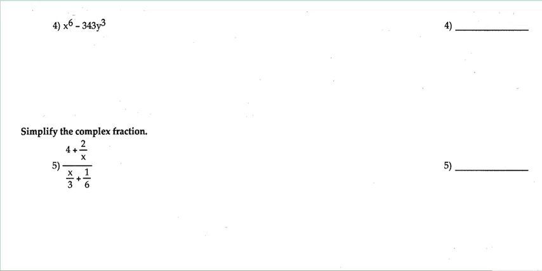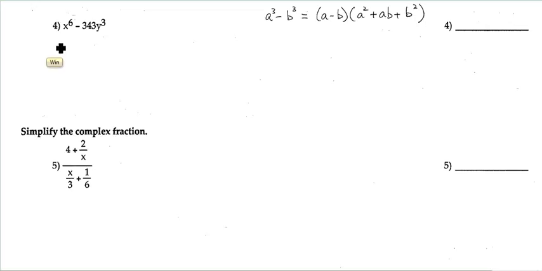We can make it the difference of two perfect cubes, maybe. Do we remember the perfect cube formula? A cubed minus b cubed. What would that become? A minus b times a squared plus ab plus b squared.